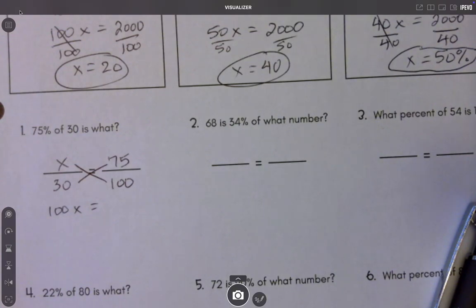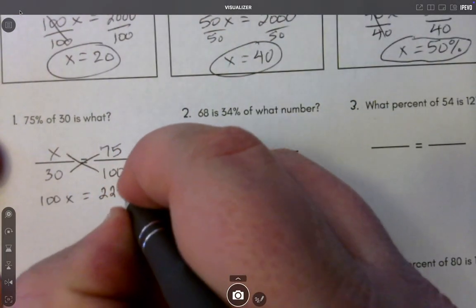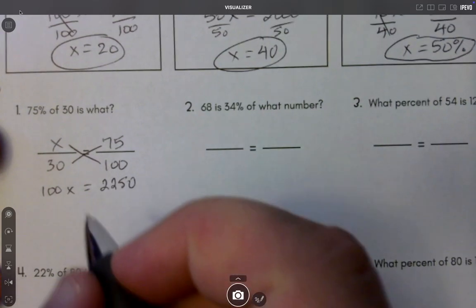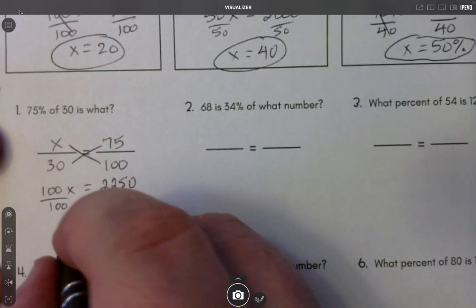Let's see, it's going to take me a second. 75 times 30 is 2,250. And we divide both sides by 100. And we get 22.5.